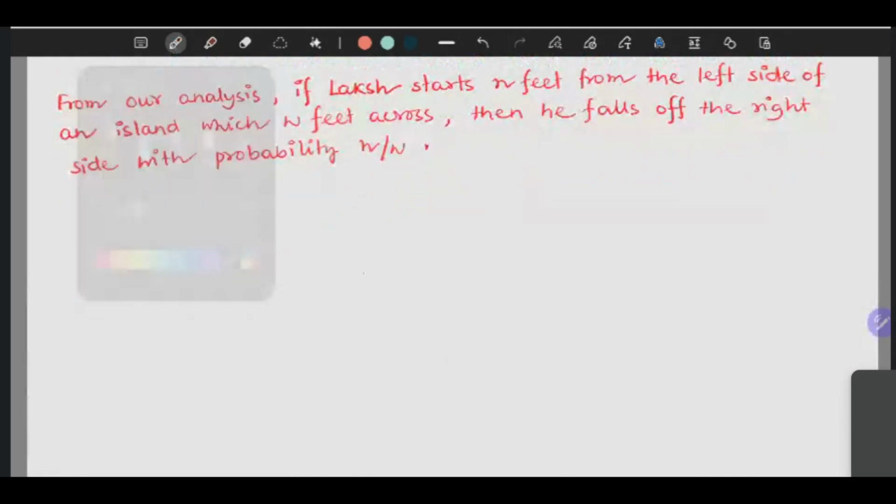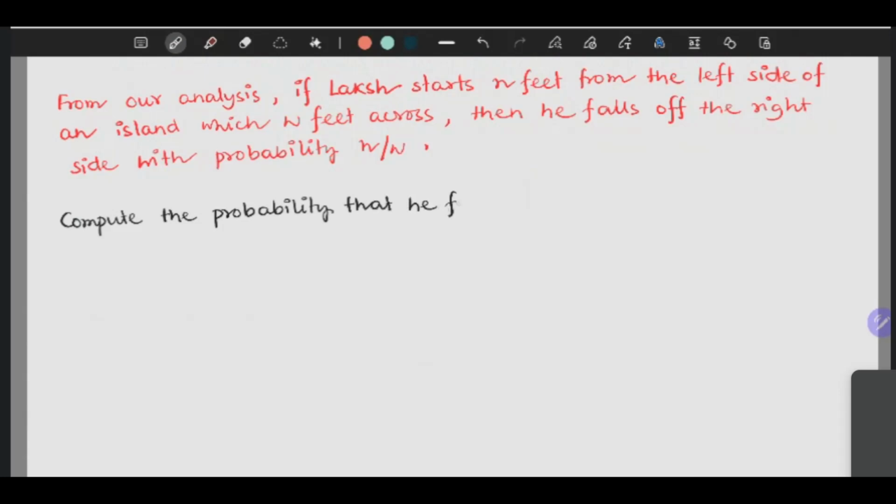Now let's compute the probability that he falls off the left side by using the symmetry of the problem.